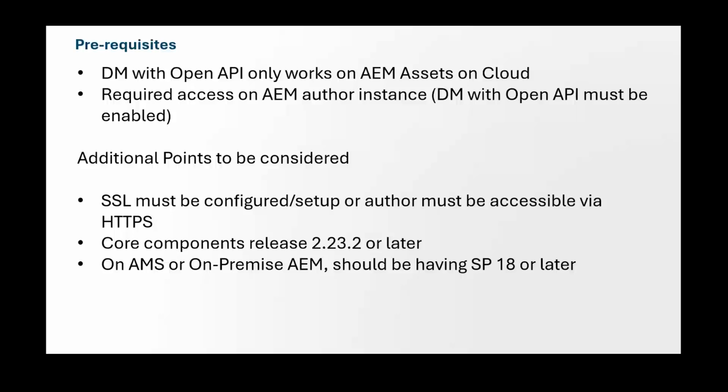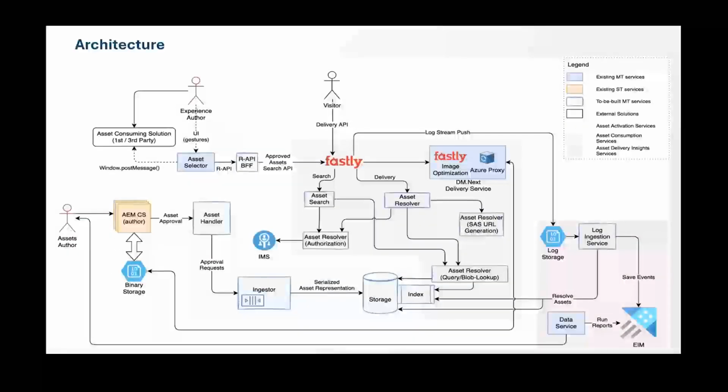Now let's talk about the architecture. In this architecture, you can see multiple flows. As in the first video, we discussed how different personas are involved in the overall usage. So we are talking here first about authors. Authors could be your asset authors or site authors or any author who has access to your assets.